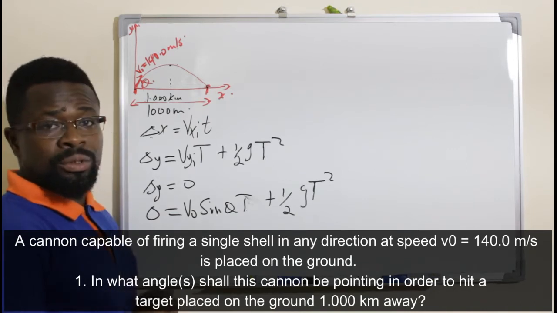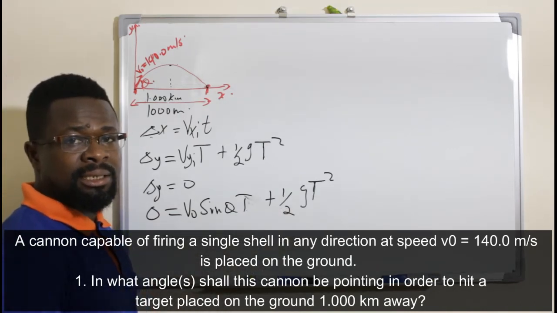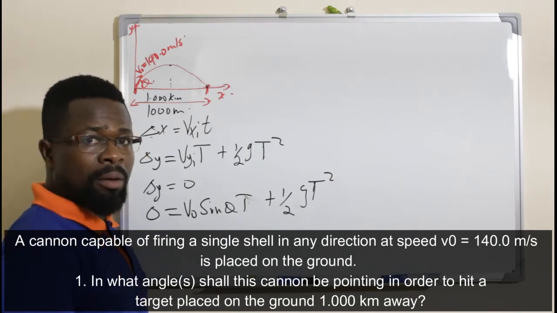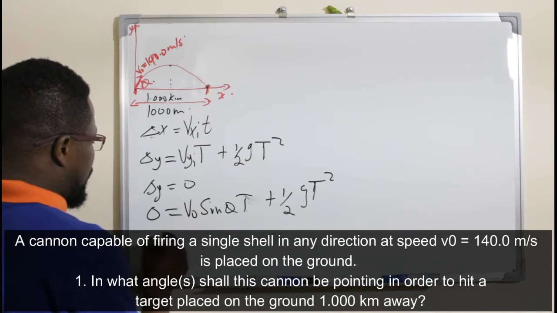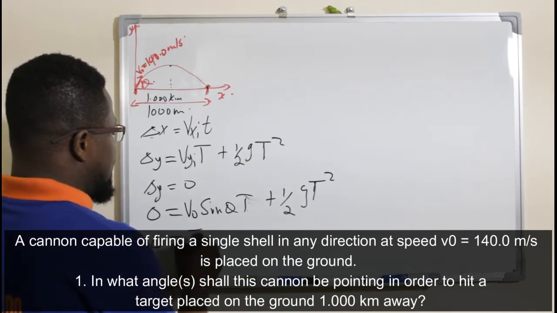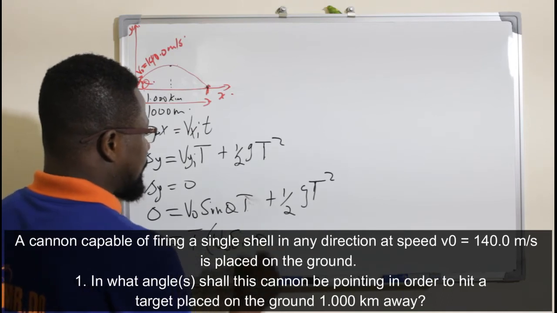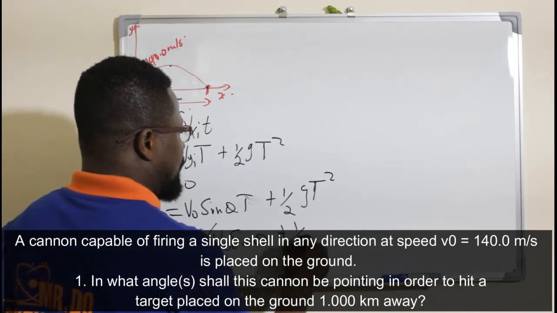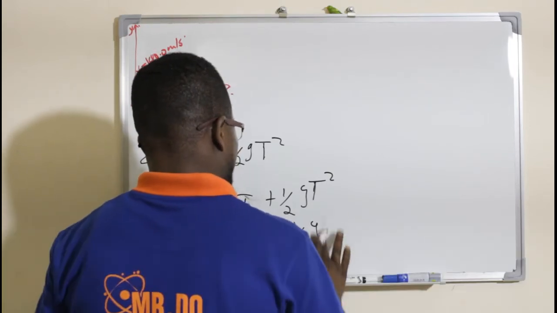This is equal to 0. There is a t here, there is a t here. I can factor out the t and solve for the problem. So factoring out t gives me 0 equals t into V naught sine theta plus half g t. Half g t.